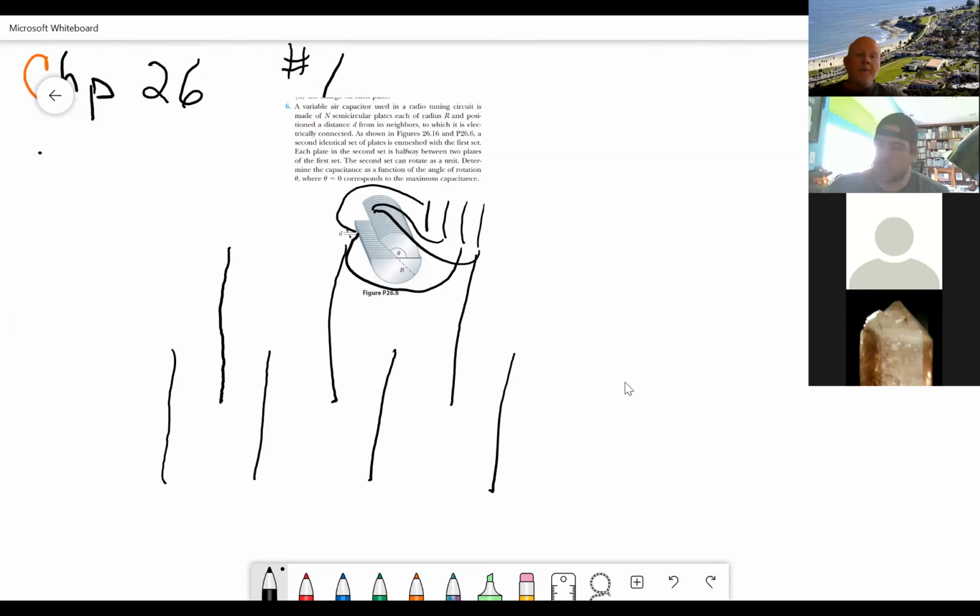Okay. And when you charge it up, this one might get, say, positively charged, and this side would be negative. This side would get negative, and this side would get positive. This side would get positive, and this side would be negative. This would be negative, this would be positive. And so, like the one we just did, I think the author had a better picture for me to work with.